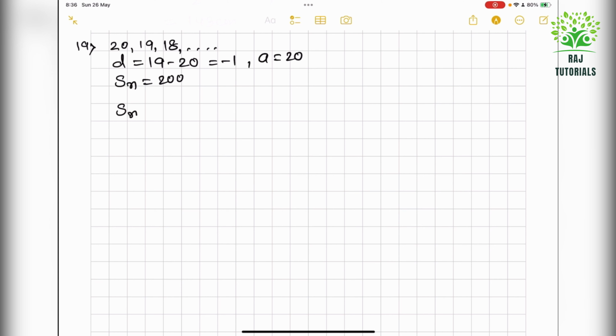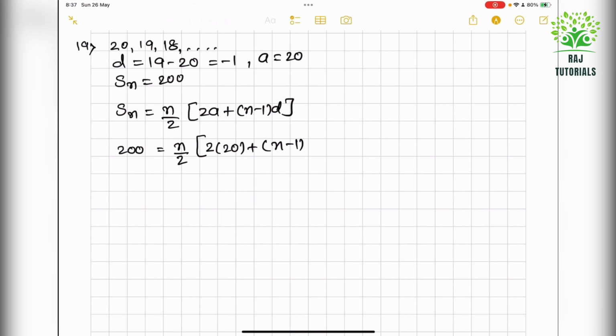So I can say Sn equals n by 2 into 2a plus (n minus 1) d is 200. So 200 equals n by 2 into 2 into 20 plus (n minus 1) into minus 1.